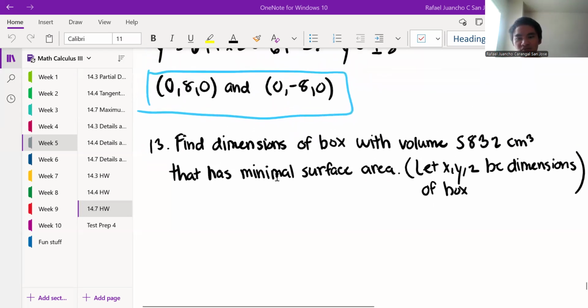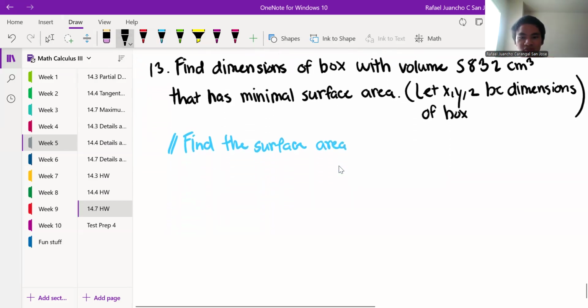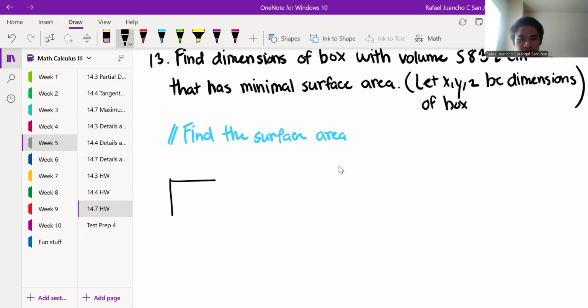Well, we want to get the surface area of the box, right? So here we want to find the surface area. So how do we find the surface area of a box?